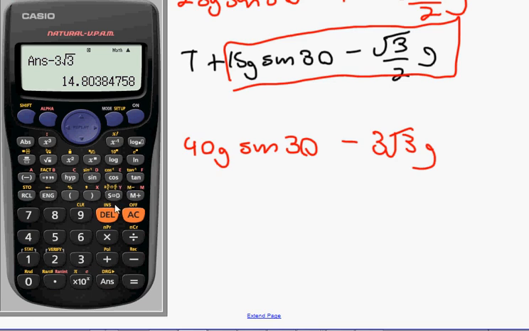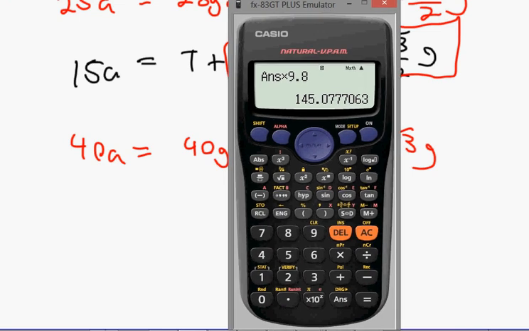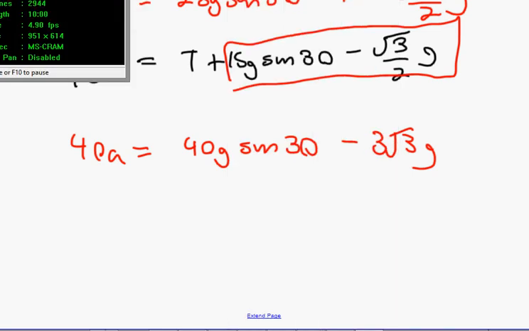And 14.8 multiplied by 9.8 for gravity, multiply by 9.8 and then multiply by another 9.8. It's going to be 145. Then 145 divided by 40. I've gone wrong. Quick mistake there.